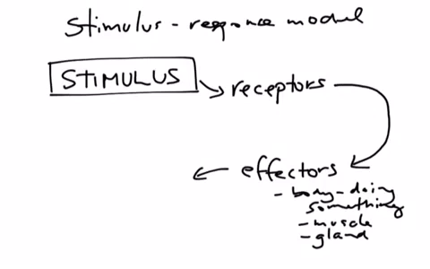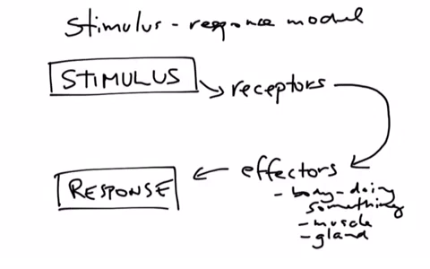And then the effectors bring about some kind of response. So the animal or plant does something as a response to the original stimulus. The messages between the receptors and the effectors usually take one of two forms, or sometimes both. It can be nerves, so using the nervous system, or it could be chemical messengers such as hormones.